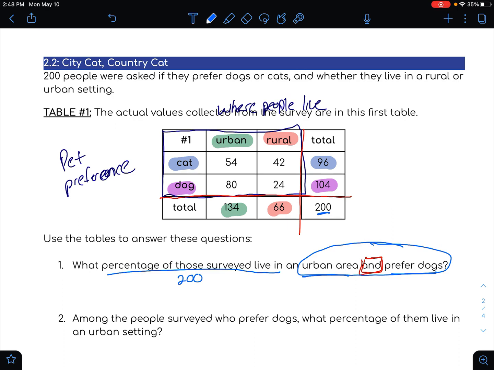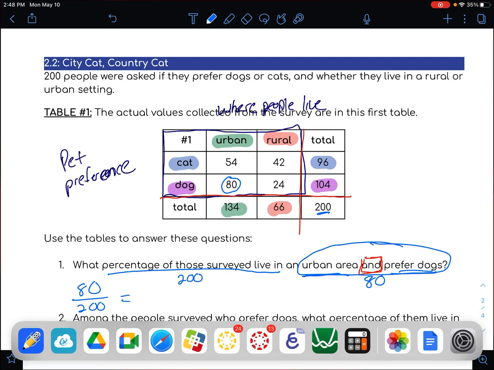And then we're interested in the urban people and prefer dogs. So urban and dogs would be that number right there. That's the urban column and the dog row. So that's those 80. When we're talking about percentage, we take the amount that we are interested in out of the total that we are getting it from. So in this case, that would be 80 out of 200.